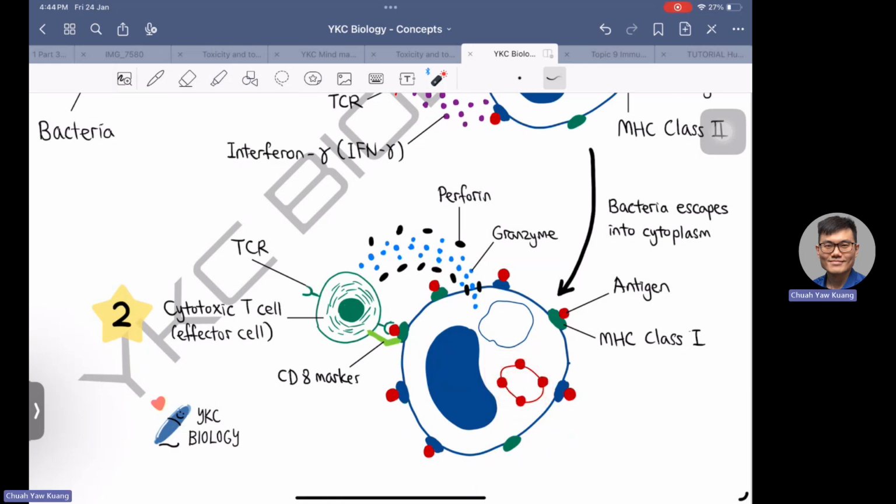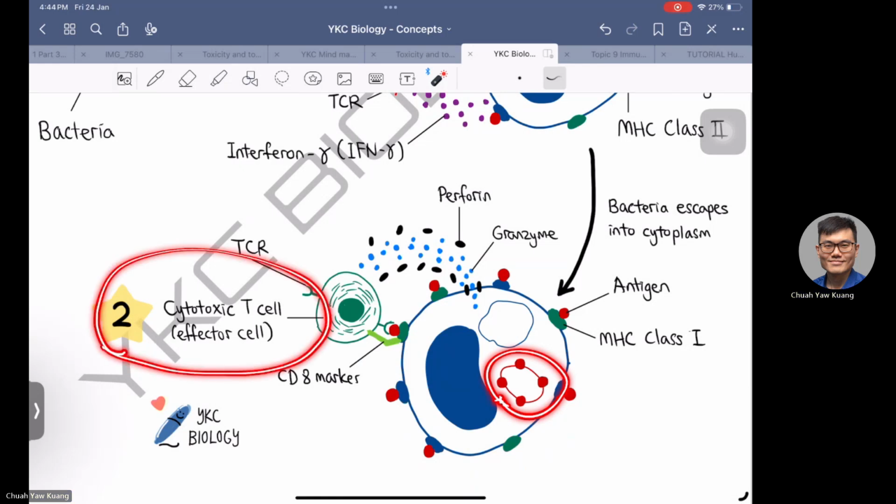To deal with intracellular bacteria that escape into the cytoplasm, we cannot rely on the helper T cell. We will now need the second mechanism, which is the cytotoxic T cell.